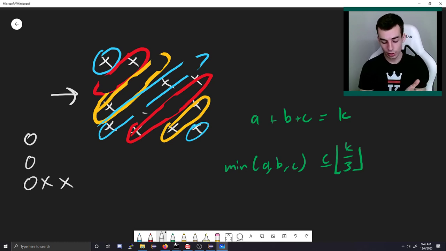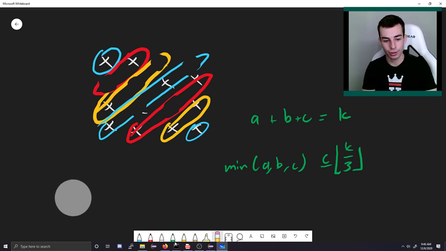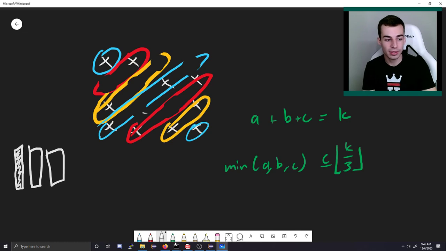The reason why is not super obvious to me, but if you do some examples, you can convince yourself of it. The other thing to keep in mind is you've got these 3 sections. Let's say one section is all X's. Then we'll make the group that's X's be this.